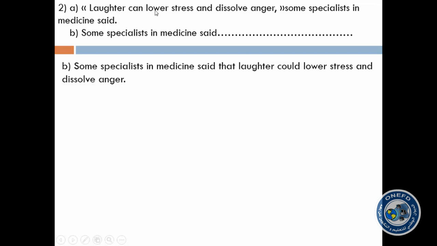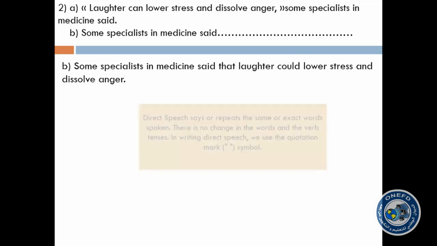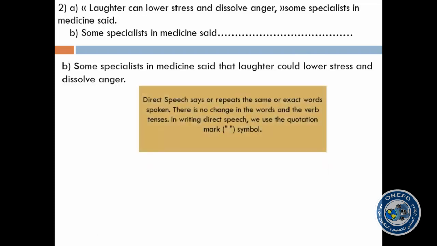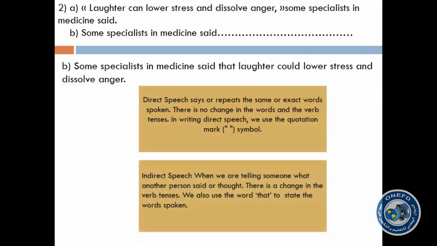It's can plus stem. So I repeat, since the introductory verb is in the past simple, we turn the sentence from the present simple to the past simple, and the past form of can is could.